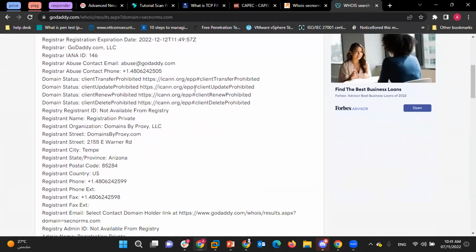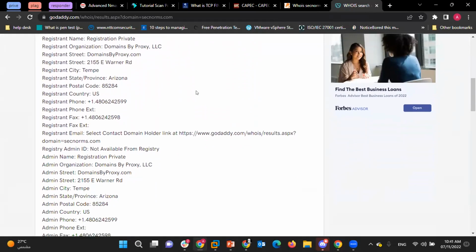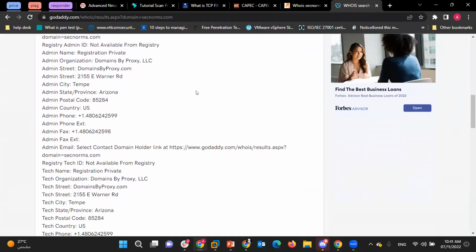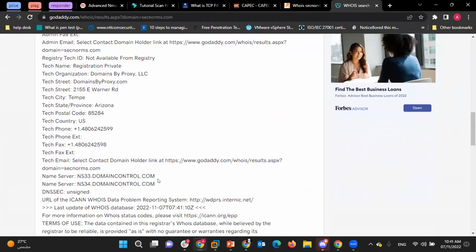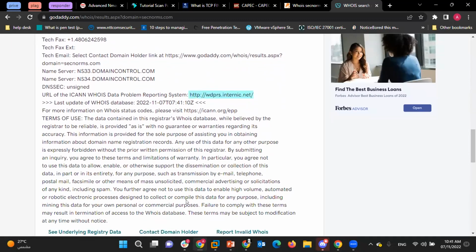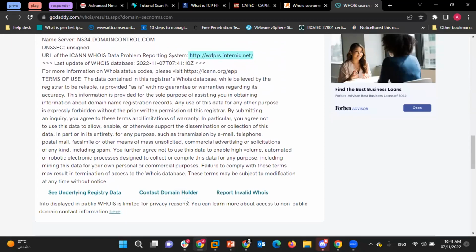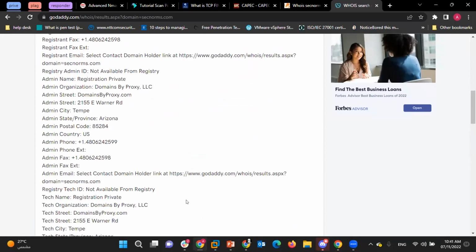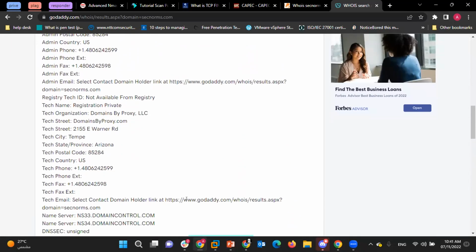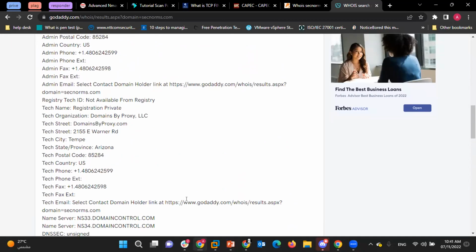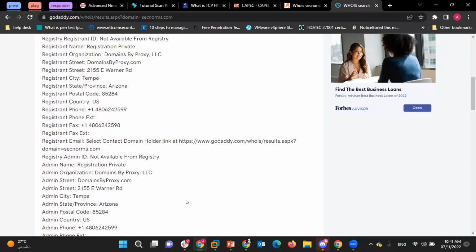Okay, what else can we find here? Nothing, just the name server. And WordPress. Yes, my site is built on WordPress. For now, we get an IP address, a name server, and which code we used to build our site.